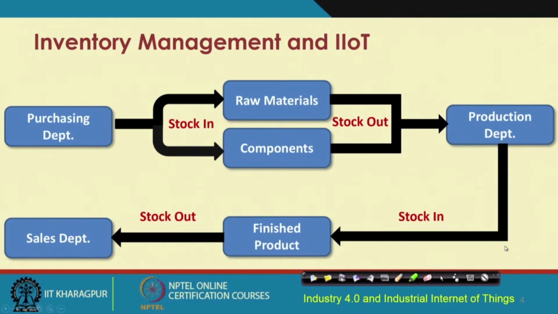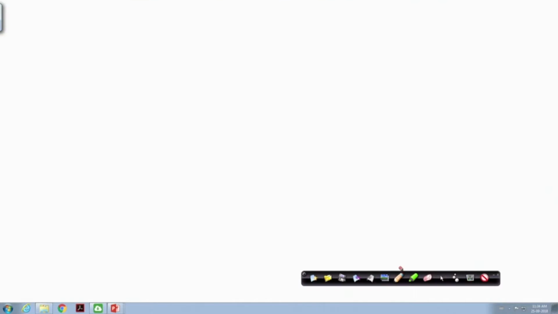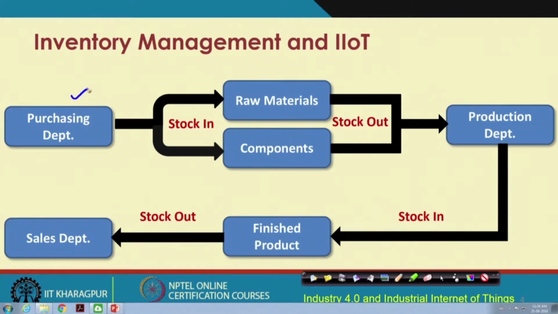So, with IIoT, all the components involved in this inventory management, such as the purchasing department, the raw materials procurement, different other components getting involved, their stocking, sending to the production department, finished product, sales department, etc., everything can become connected.